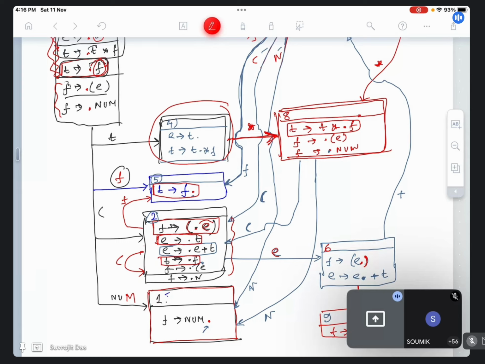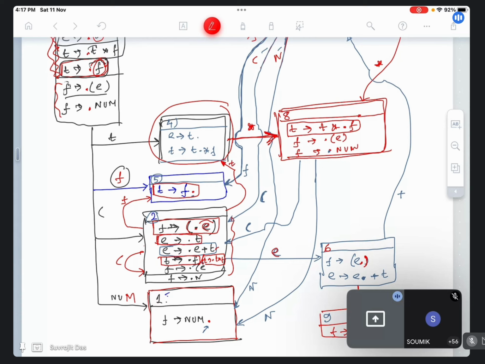So E goes to dot T, E goes to dot E plus T, fine. Then T goes to dot F. So you should be having another transition here. T goes to dot T star F, right? Now, by virtue of this production and this production, you must be able to make a transition on T, and that should be something like this. On T, you should be able to go here.